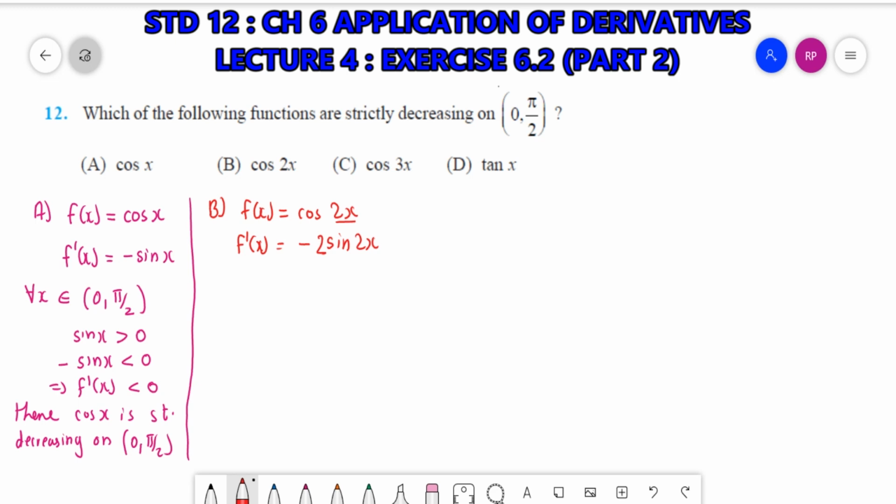Now, it is given that x belongs to 0 to pi by 2. That means 0 less than x less than pi by 2. I want here the angle 2x. So 0 multiplied by 2 less than 2x less than pi.